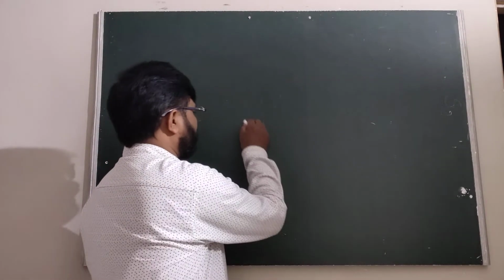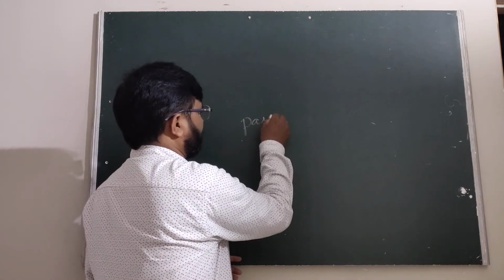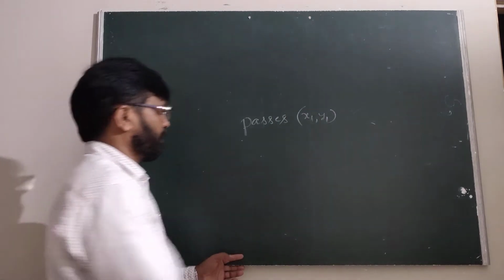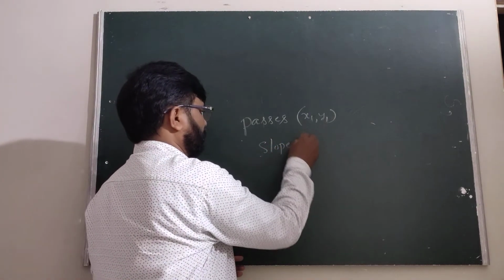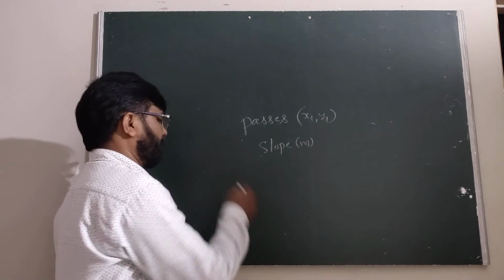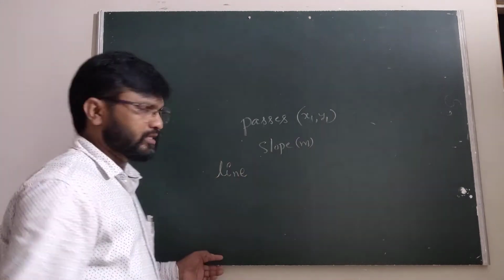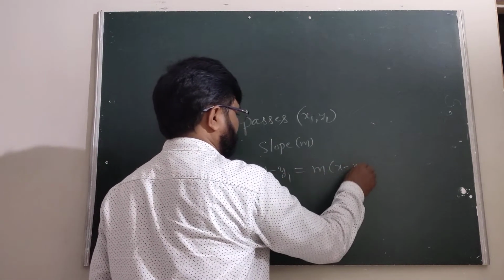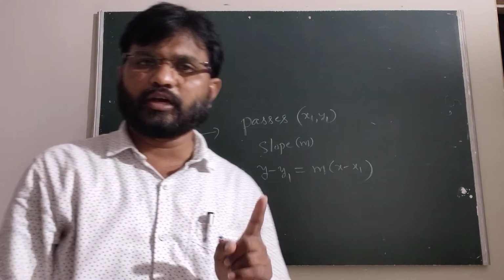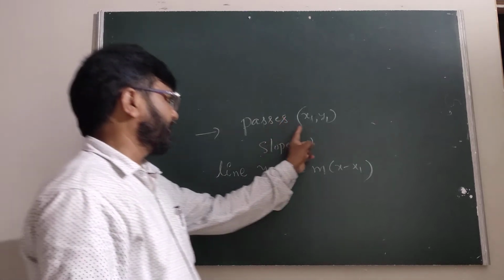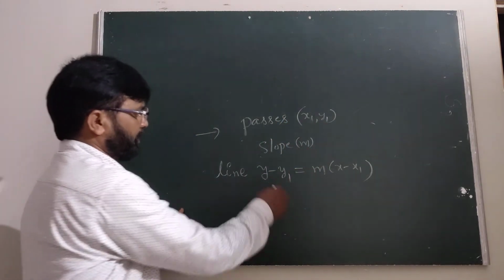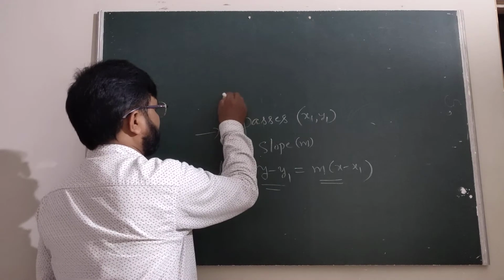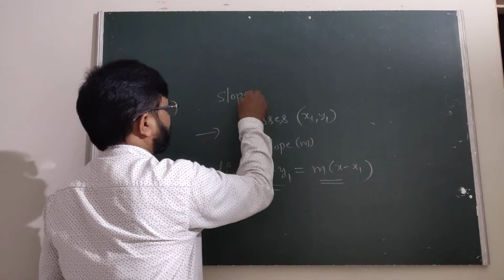If the line passes through the point (x1, y1) with slope m, then the equation of the straight line is y minus y1 equals m into x minus x1. This is called the slope point form.